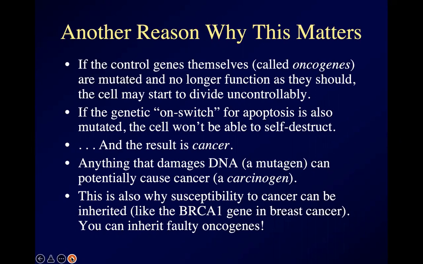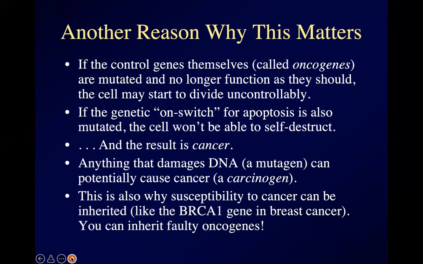And if those oncogenes are mutated and they no longer function, one possibility is that the cell can begin dividing uncontrollably. You can think of oncogenes as the brakes and accelerators of cell division. In cells that have those oncogenes mutated, they can begin dividing very rapidly, dividing as fast as a car with a stuck accelerator and no brakes.